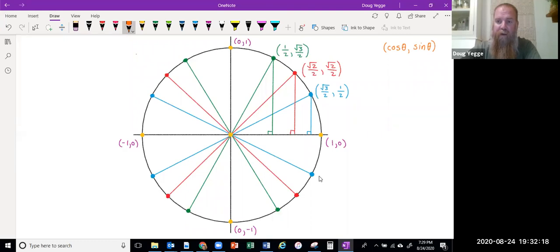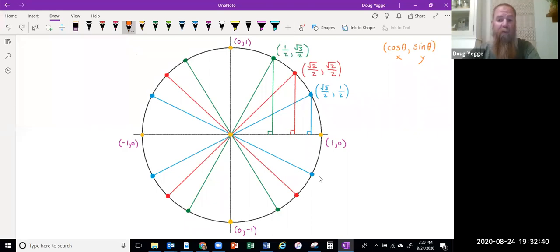So if I want to find the cosine of 30 degrees, I simply look to the x-coordinate, it's √3/2. And if I want to find sine of 45 degrees, I'd simply look to the y-coordinate, it's √2/2. And if I want to find cosine of 60 degrees, I simply look to the x-coordinate of 1/2.